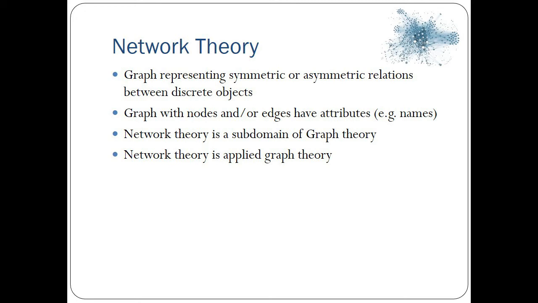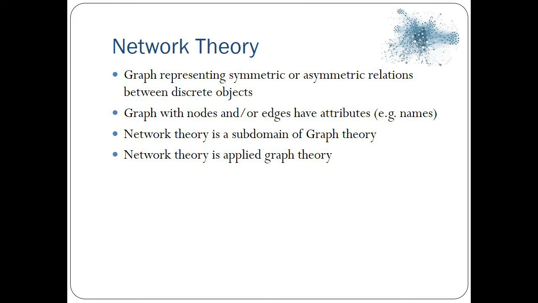What is network theory? Network theory has nodes and edges with some spatial attributes or a name, meaning every node belongs to some fixed attribute, and these attributes could be names, like various entities of a system, and these form a graph, and this graph could be called a network.